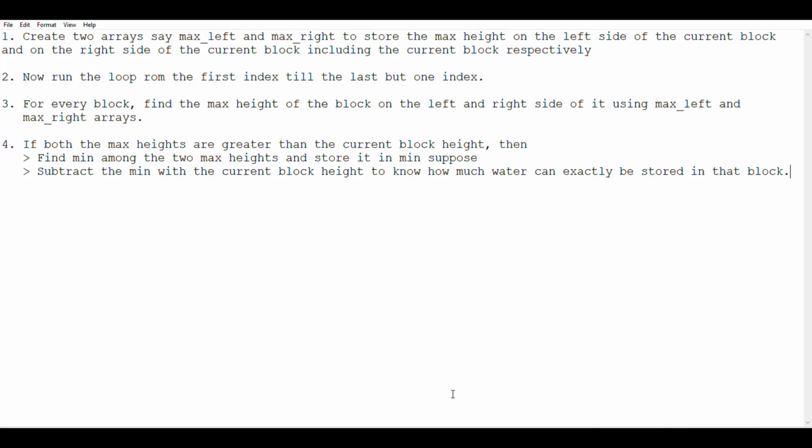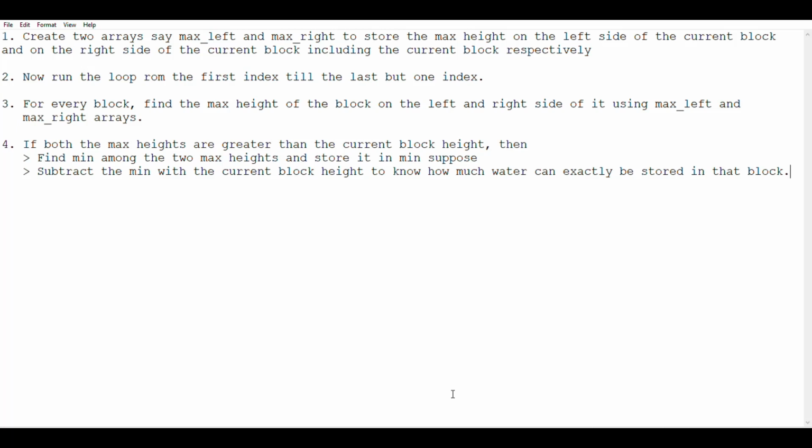Now comes the third step. In the third step, we need to find the maximum height of the block on the left side and the right side of it using the max left and max right arrays. For the current block, we find the maximum height on the left side using the max left array, and the maximum height on the right side using the max right array.